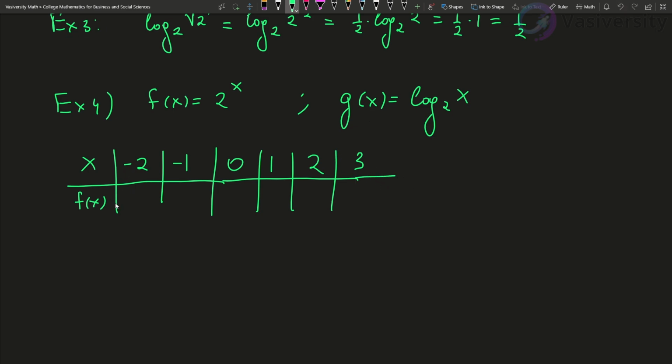So we know 2 to the power of -2 is equal to 1/4. 2 to the power of -1 is 1/2. 2 to the 0 is 1. 2 to the 1 is 2. 2 to the 2 is 4. 2 to the 3 is 8. Okay, so we have the values.